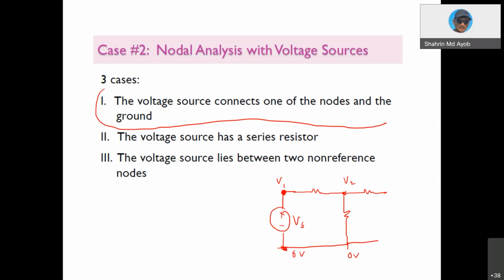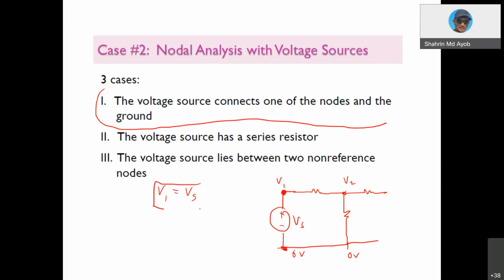What is your V1? If you encounter this circuit, where your voltage source is connected between V1 and the reference node, you just put V1 equal to your voltage source.